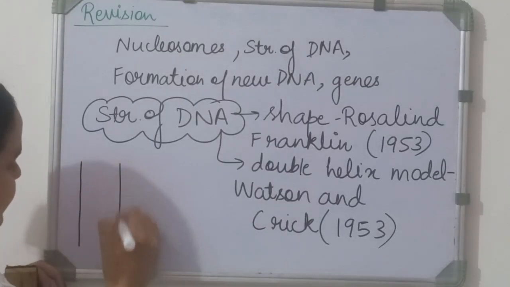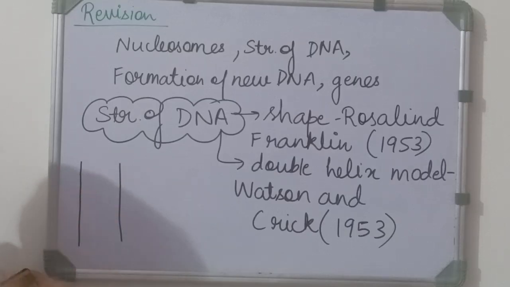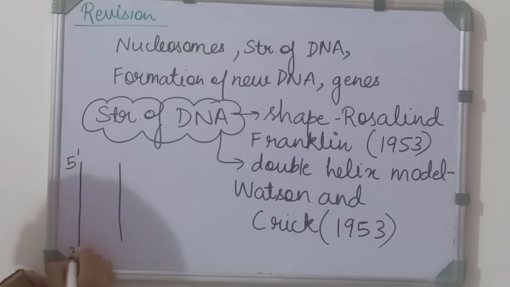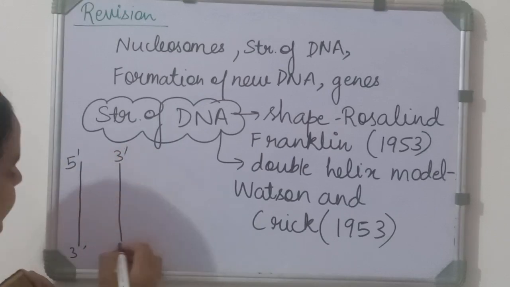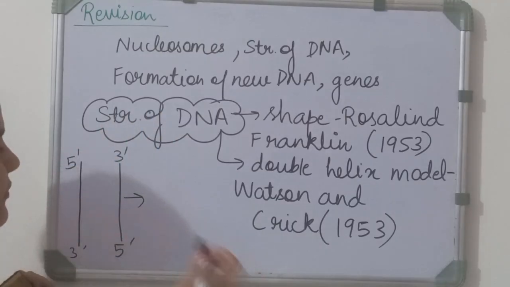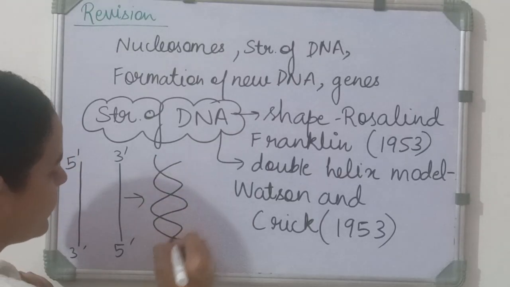Okay, so DNA consists of 2 strands. Suppose this is one strand, this is the another strand. And these 2 strands are complementary. Suppose this is 5 dash, this is 3 dash. The second end will be 3 dash and 5 dash. And they wound around each other in a double helix form. See, like this. This is the double helix structure of DNA.